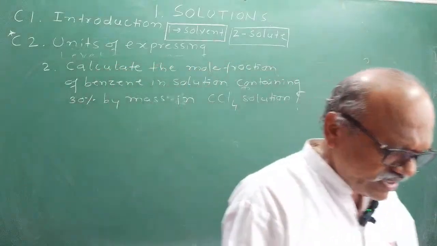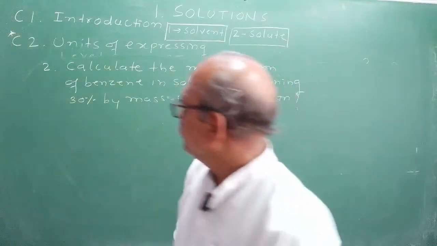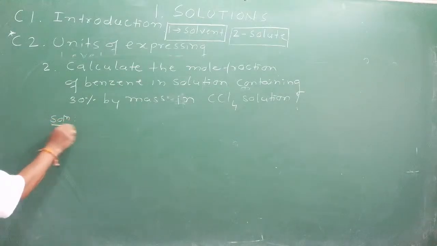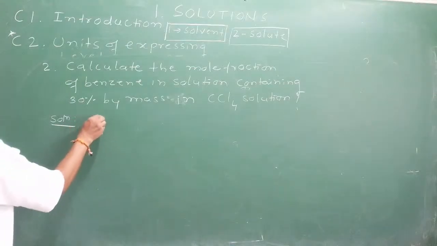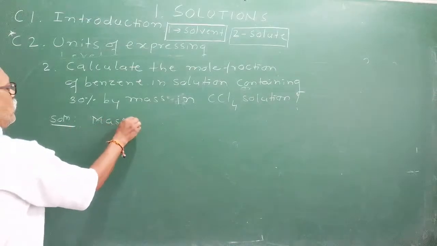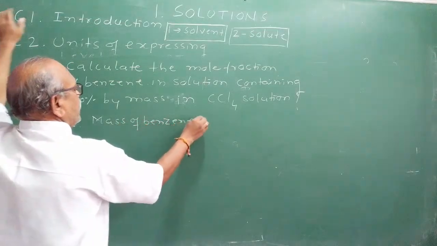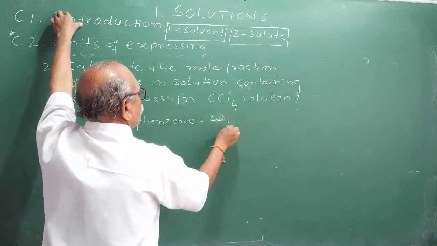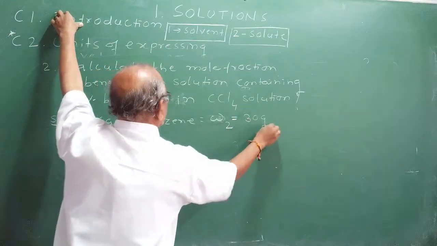Here, which one is considered as solute and which one as solvent? Let us take the solution. By mass means the mass of benzene, the solute, W2, is 30 grams.